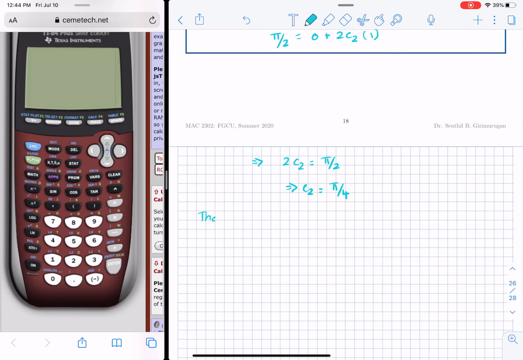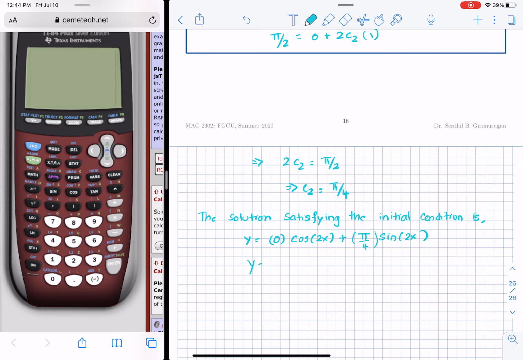Therefore, the solution satisfying the initial conditions is y equals c1 cosine 2x, where c1 is 0, plus c2, which is pi over 4, sine 2x.